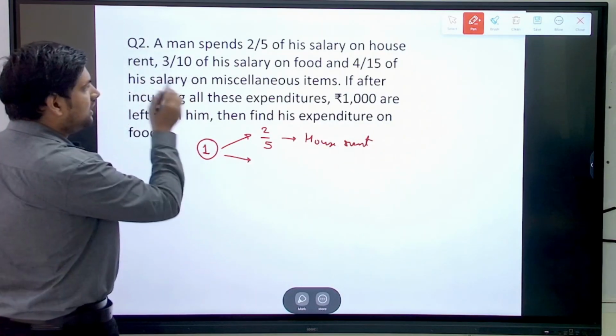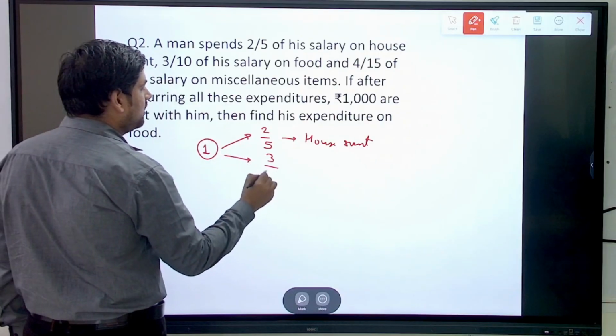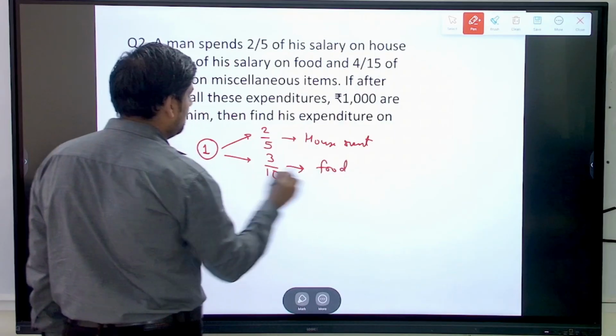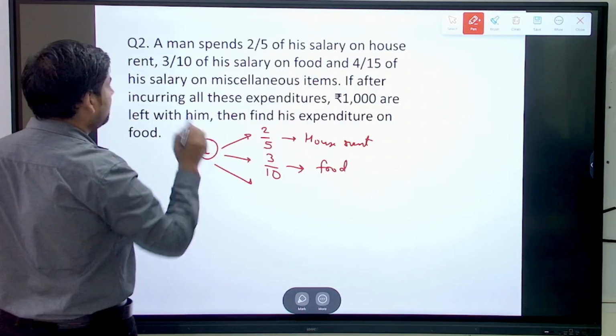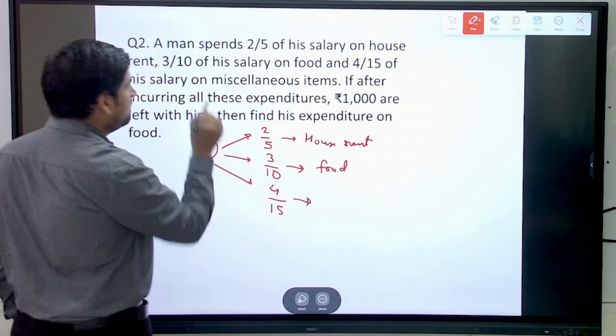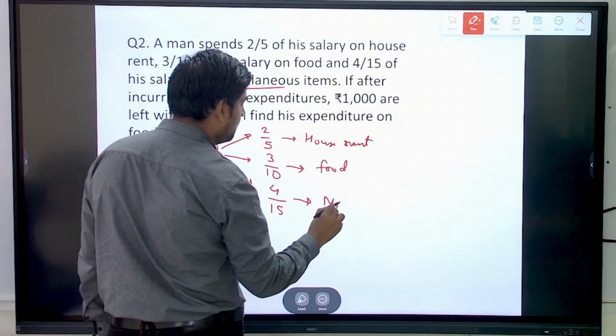Then next is 3 by 10, spent on food. Then next 4 by 15, spent on miscellaneous items.